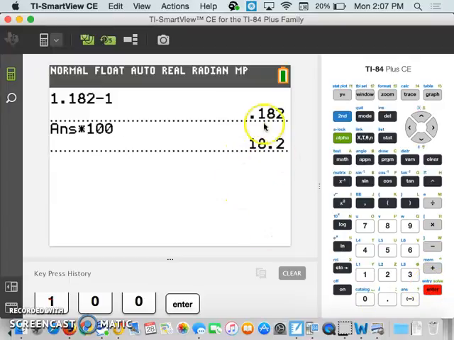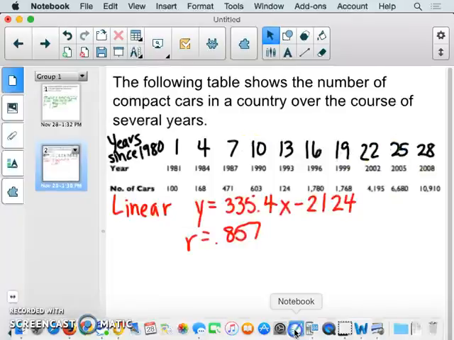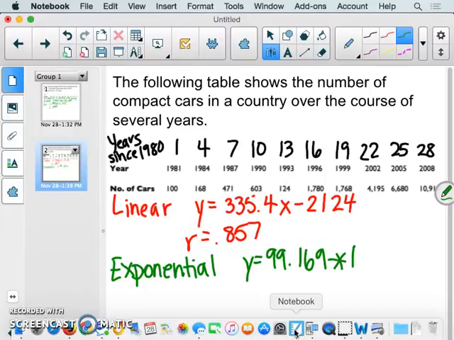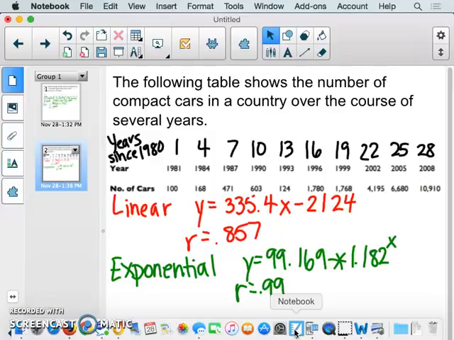So my percent increase, I'm growing at a rate of about 18% each year of compact cars. So it's definitely an exponential relationship.